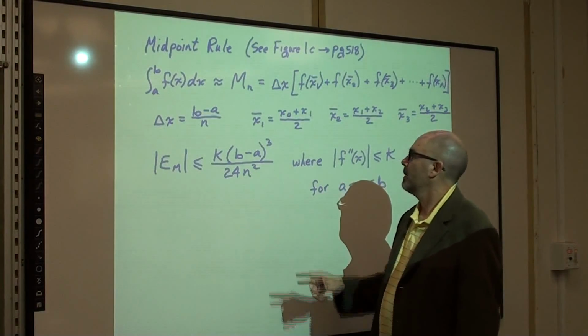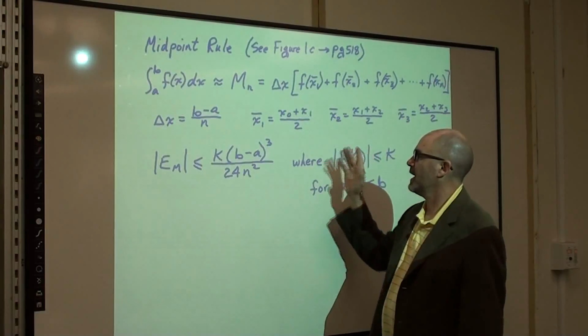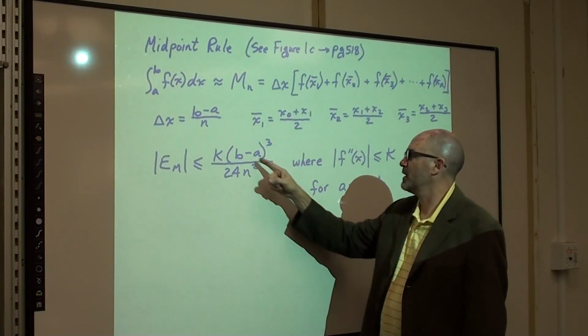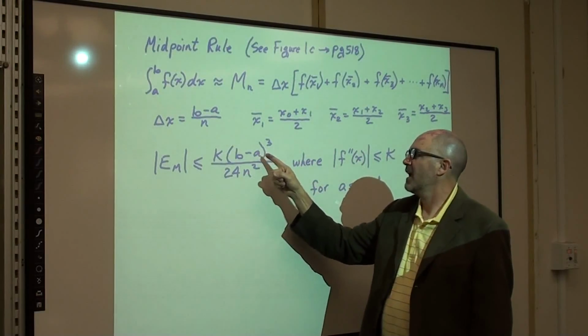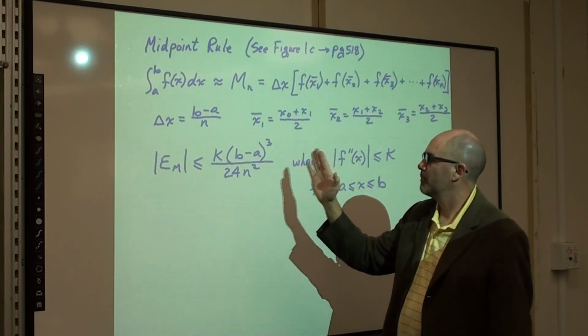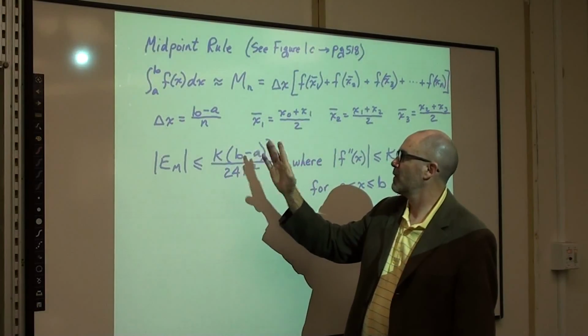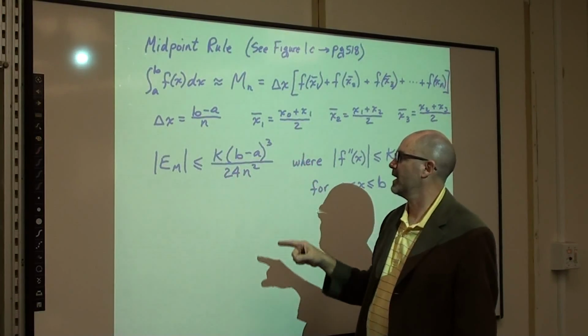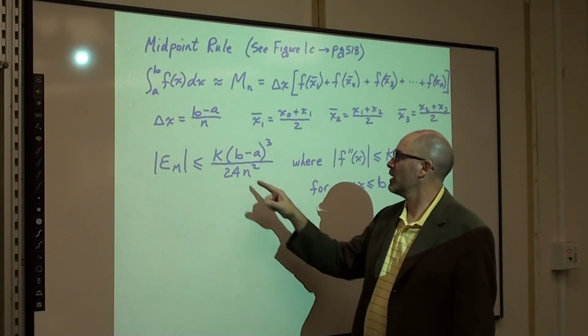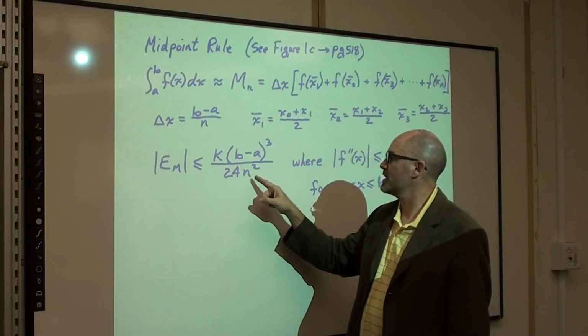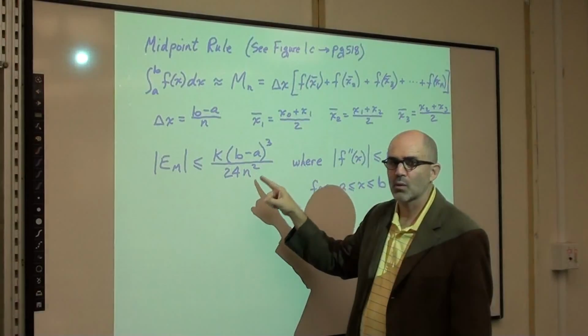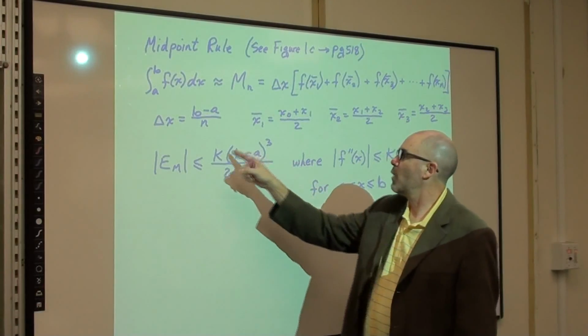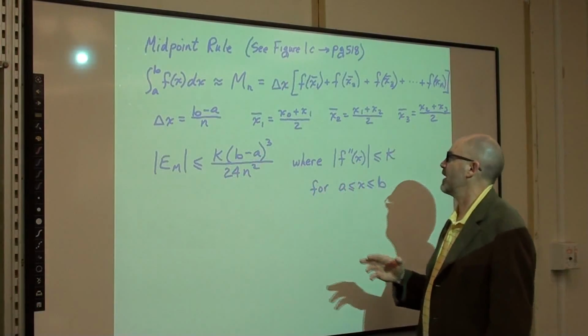Now, b is the right endpoint, a is the left endpoint, so you're basically taking the x distance from a to b and cubing it, and then you're going to divide by 24 times the number of rectangles squared, and now we're going to multiply by a k value.